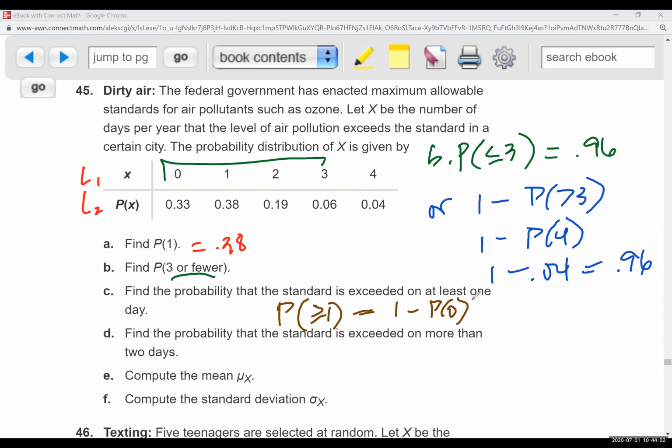And 0 is 0.33. The answer is 0.67. Or if you want, since you know that at least 1 is greater than or equal to 1, you add all this, and it's going to be equal to 0.67.